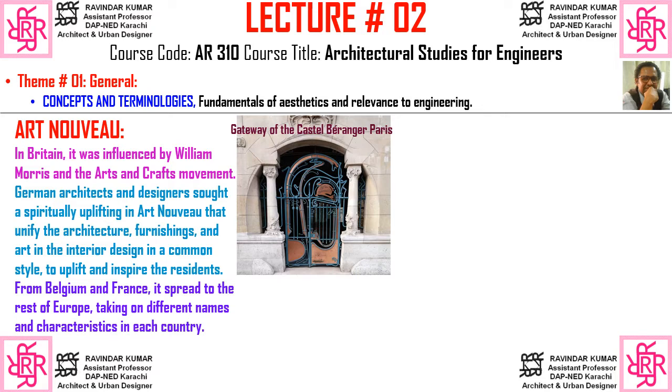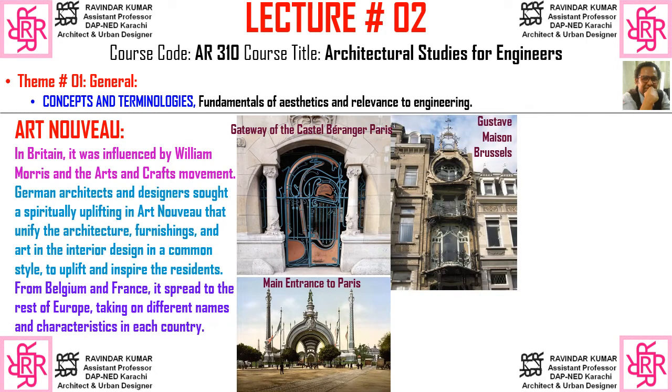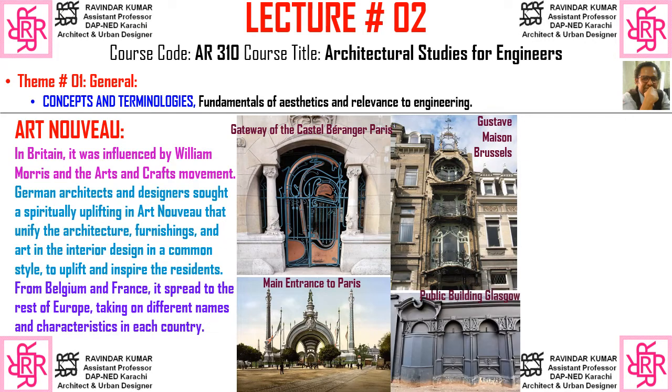See the gateway design of the Castle Bergner in Paris. This is the entrance to the Paris city. This is the Gustavo Mansion in Brussels. This is a public building in Glasgow.